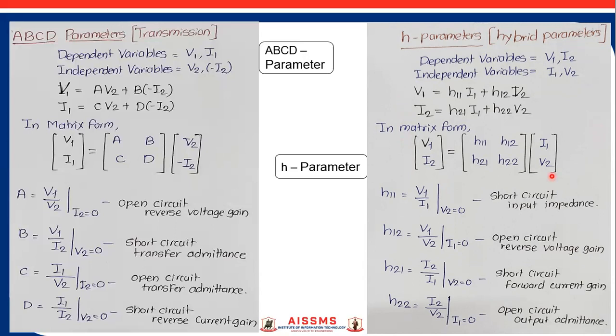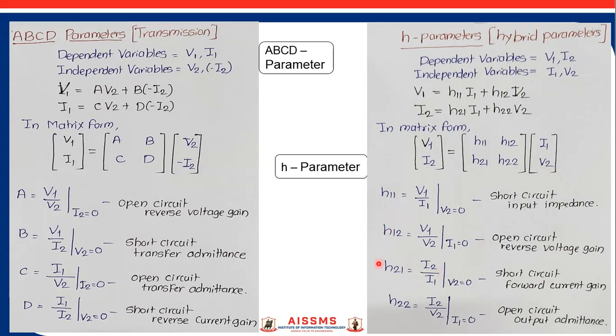When we open circuit port 1, then we get H12 and H22, and when we short circuit output port, that is port 2, then we get H11 and H21.